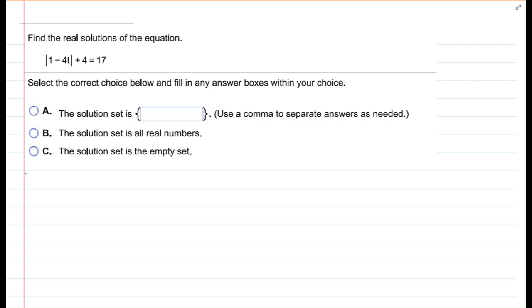Hi everyone. In this video, I want to review some concepts through solving some problems. Reviewing the concepts for solving absolute value equations, solving absolute value inequalities, identifying polynomial functions and their degree, identifying the real zeros of polynomial functions and their multiplicity.